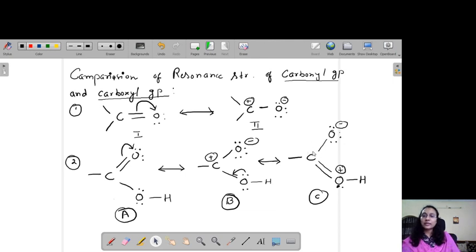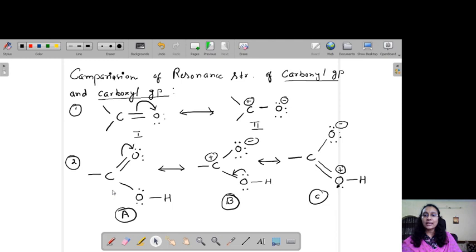Or in other words, the two important resonance structures of the carboxyl group are structure A and structure C. In both these structures, the carboxyl carbon is electrically neutral. This carbon is not carrying any charge. It is electrically neutral.